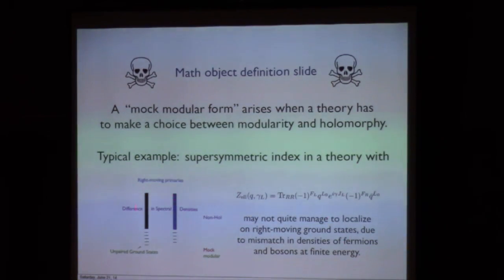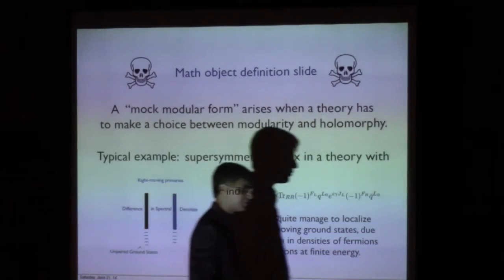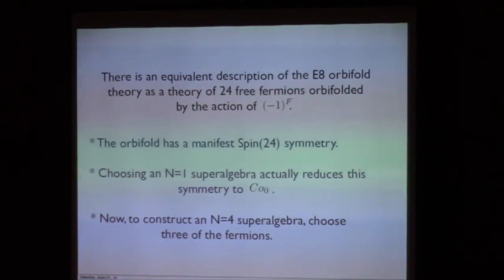But if you have a continuous spectrum above some set of discrete states, in the continuum, you may not quite manage to localize on the right moving ground states due to mismatches in densities of bosons and fermions in the supersymmetric theory. And so you can get an object that wants to be holomorphic, but can't really be both holomorphic and modular, and you have to make a choice. Okay. And the result here is that if you want modularity, you have to add a non-holomorphic shadow. And these objects are called mock modular forms.